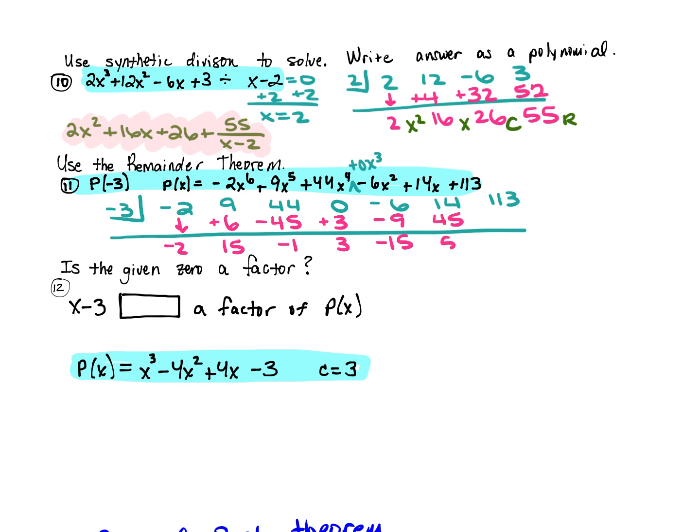Plus 14 is 59. Times -3. 9 times 3 is 27. Carry the 2. 5 times 3 is 15. Plus 2 is 17. It's negative. Subtract the 2. 7 minus 3 is 4. 7 minus 1 is 6. It's negative, so -64. So P of -3 is equal to -64.